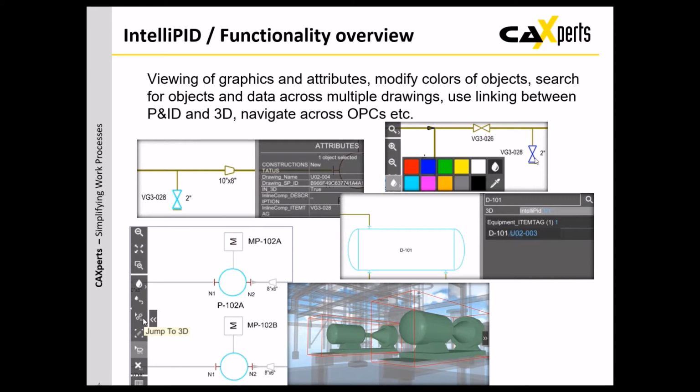I will show the very important search function, where you can just key in a value that you want to search for, and then you will find the results in both 3D and P&ID, and you can access the result in the graphical interface. And I'm also going to show how you can click on a pump in P&ID, jump to the corresponding 3D objects, and also go the other way around, which means use the links in 3D to open the corresponding object and drawing on the 2D side.